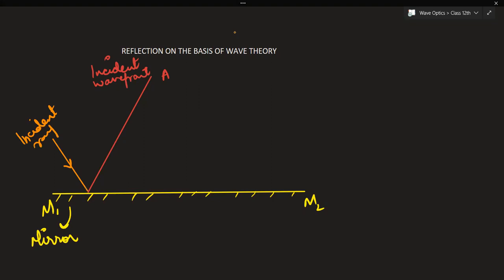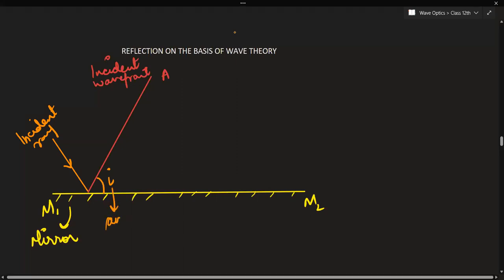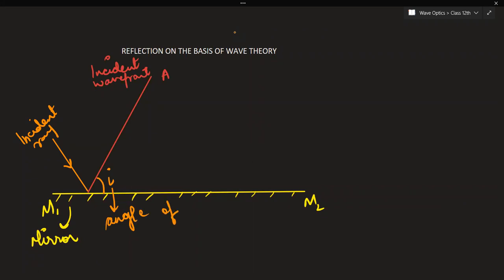Fine, so the angle that the wavefront will form with the mirror will be the angle of incidence. Now, what will happen if an incident ray strikes a plane mirror?